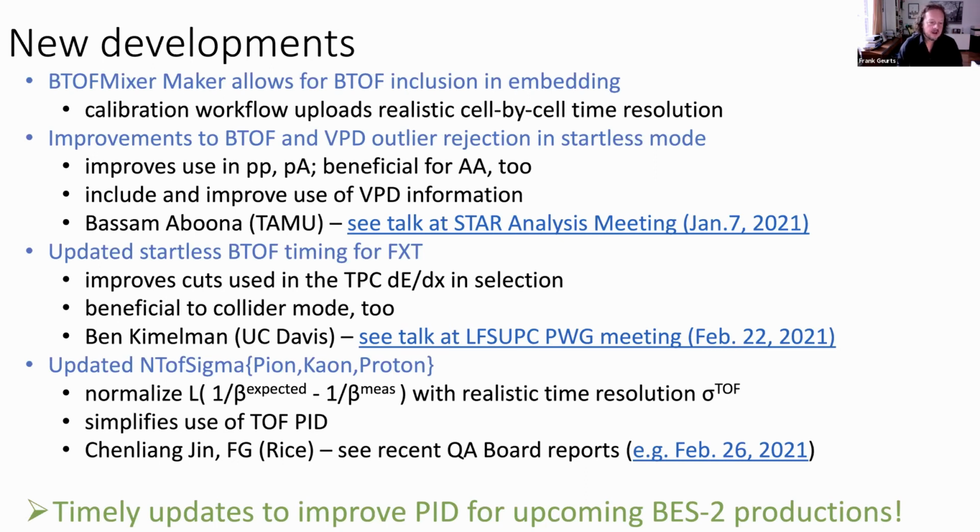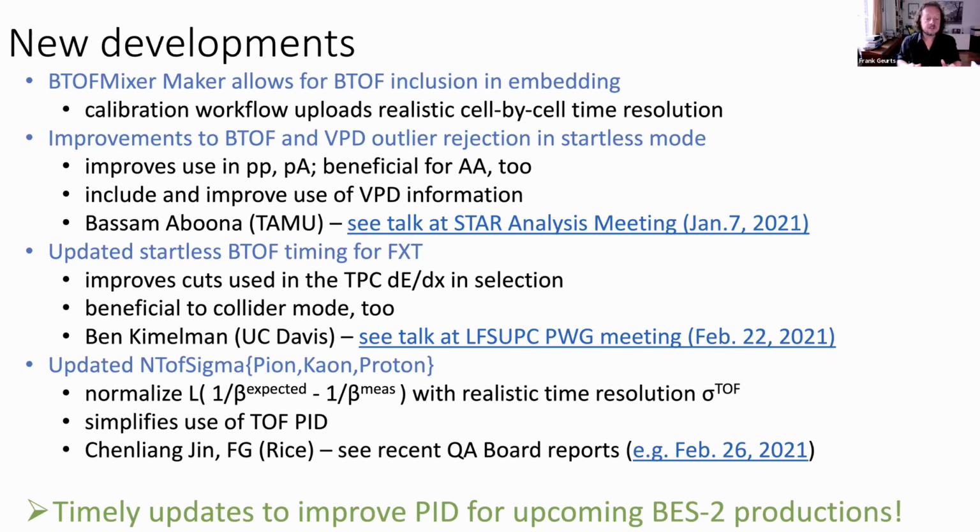And so I'm only here pointing out some recent QA board report that Sheng Liang produced last Friday, where you can see for the first time that in fast offline, you can see NTOF sigma used to identify particles.